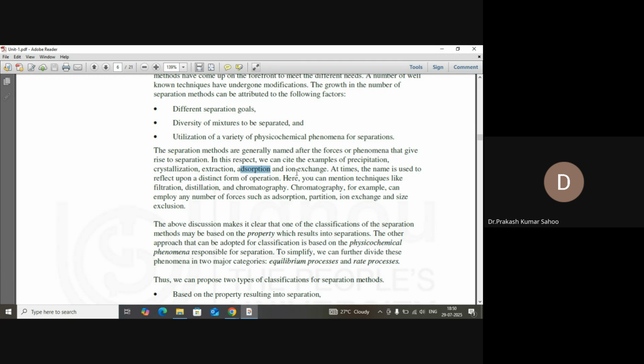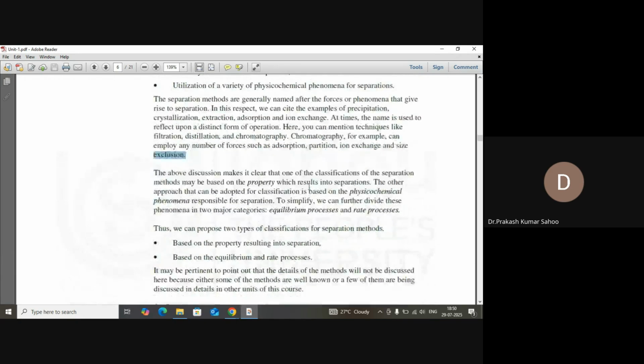Then we have ion exchange and size exclusion. Size exclusion is also a chromatography, where different ions get separated on the basis of their sizes. The smaller ion will separate first, followed by the bigger ions.